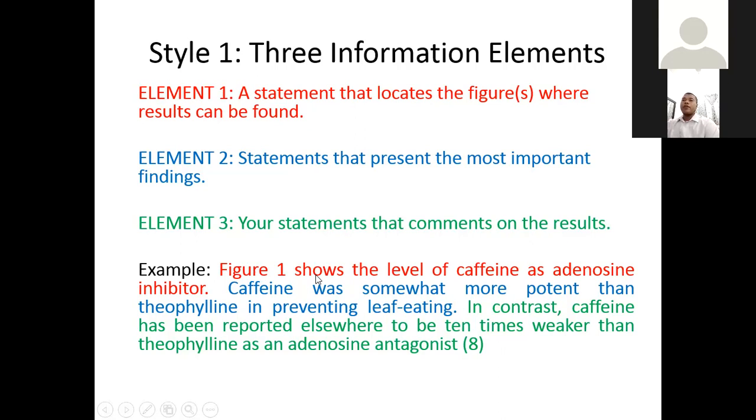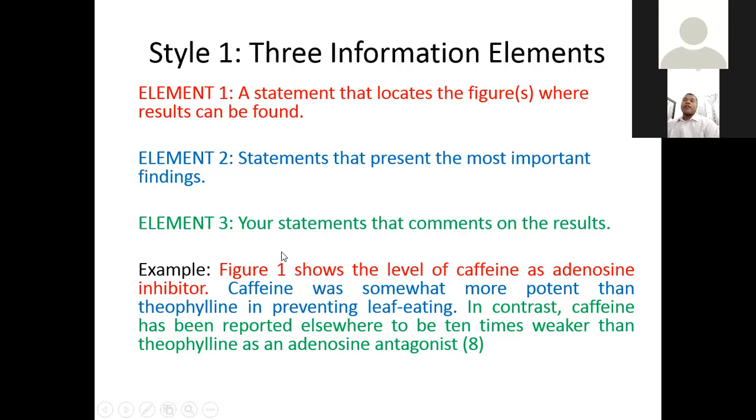Don't say that figure 1 showed. Tu dia macam past tense. Tak boleh. Because your data will be present in figure 1 forever. From the time the reader reads your data until forever, it is going to be present in figure 1. So you have to put it in the present tense.